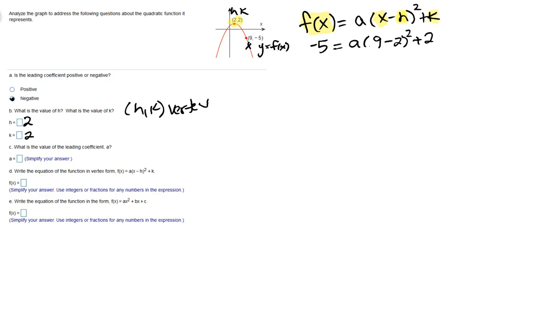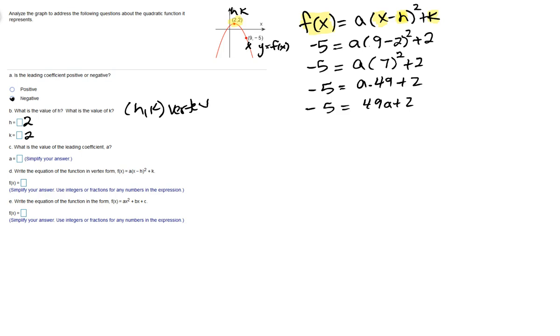Now we're going to do a little bit of simplifying. 9 minus 2 is 7. 7 squared is 49. We have a times 49 plus 2, which we can rewrite as 49a. Now we have an equation.